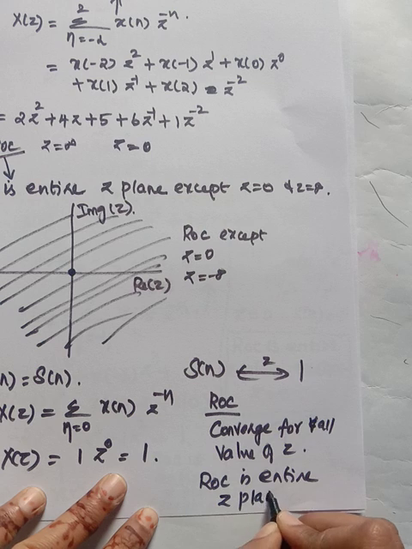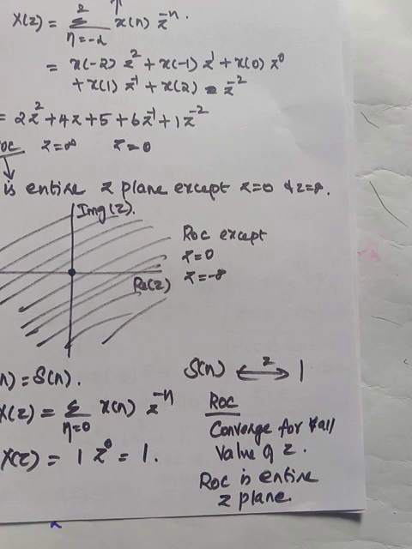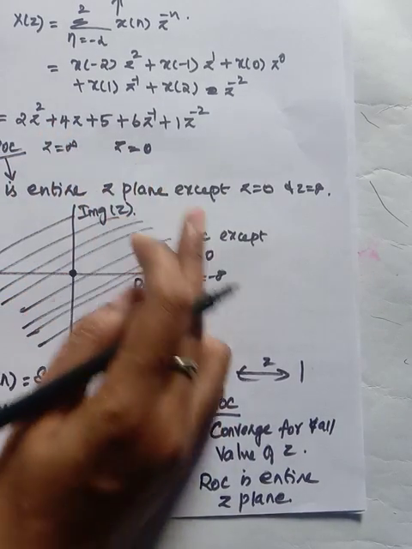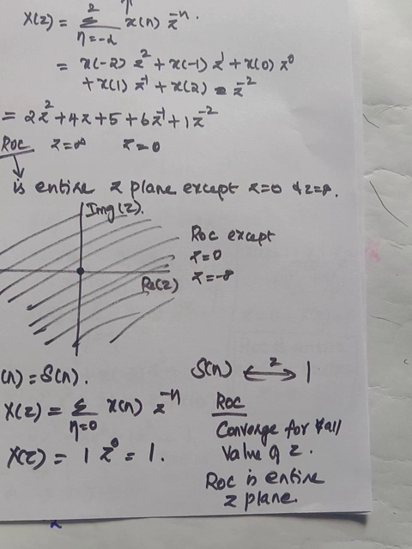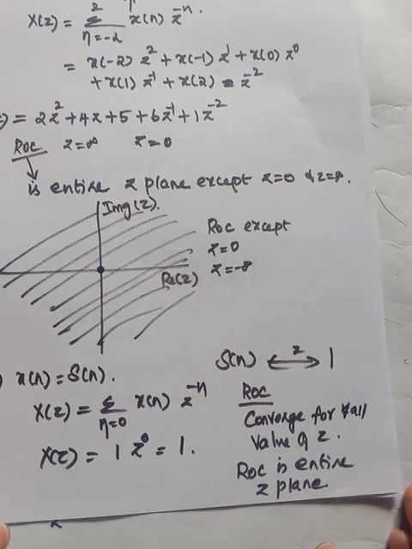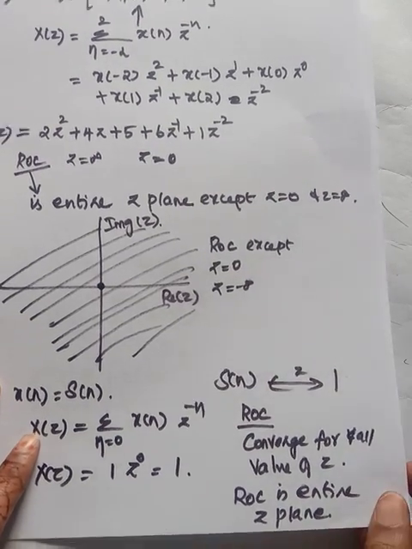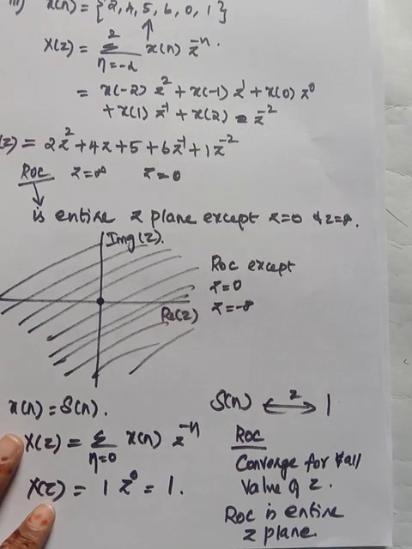There is no except condition. Previously, since it was depending upon z, we wrote that the region of convergence is the entire z plane except z equal to 0 and z equal to infinity. Here there is no need to write it in this manner.